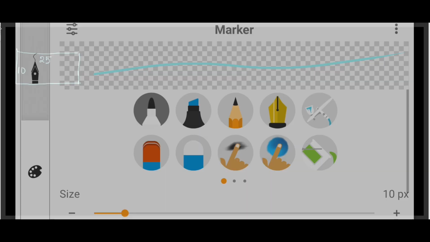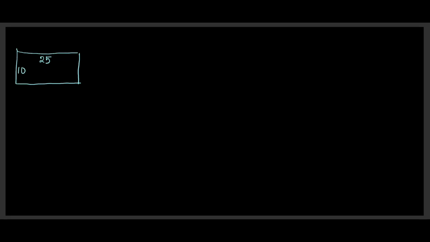Let us assume that this is our rectangular garden, and this is 25 length and 10 is breadth, and this is the road surrounding the garden, which is of 1.5 meter width.